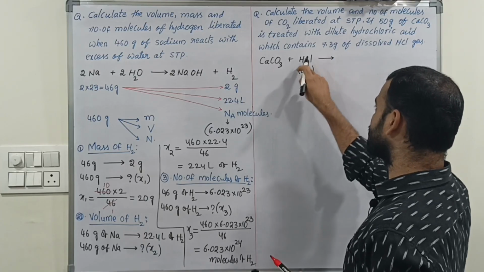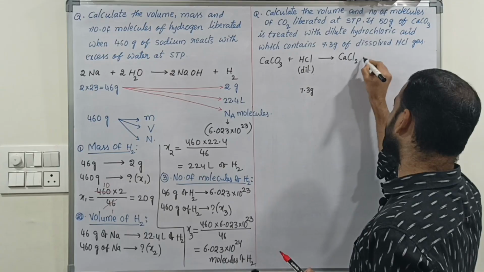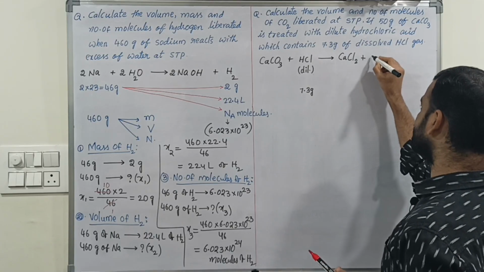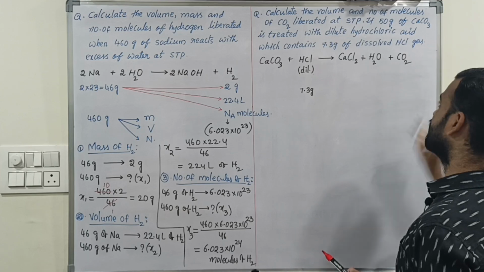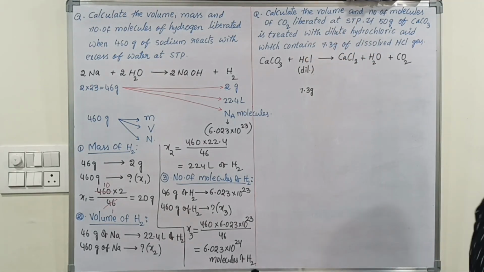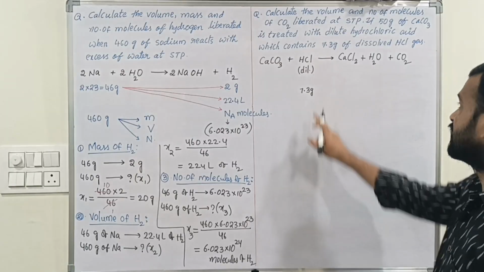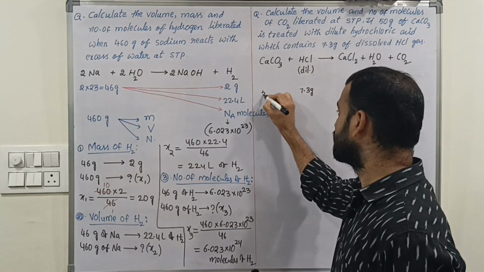So here calcium carbonate reacts with HCl to form calcium chloride. Next, H2O is formed. Next, CO2 gas is liberated. So we have to find the volume and number of molecules of CO2 gas liberated when 50 grams of calcium carbonate react.